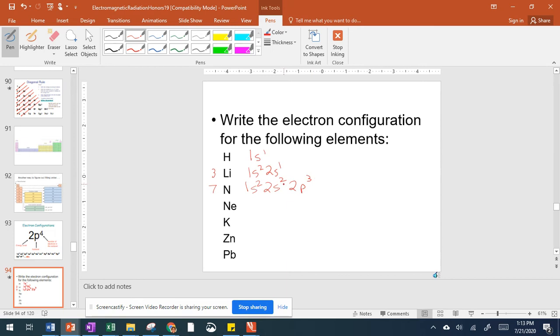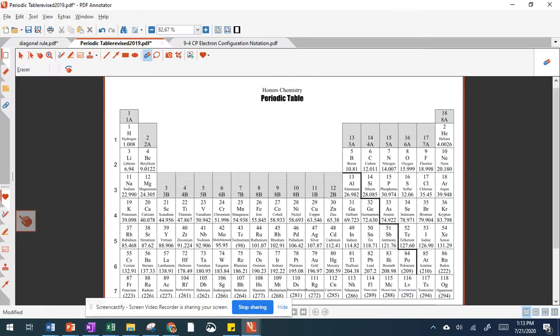If you look at 2 plus 2 is 4, plus 3 is 7. We look at neon. This has an atomic number of 10. We have 1s2, 2s2, 2p6. We have 2 plus 2 is 4, plus 6 is 10. That we're done.